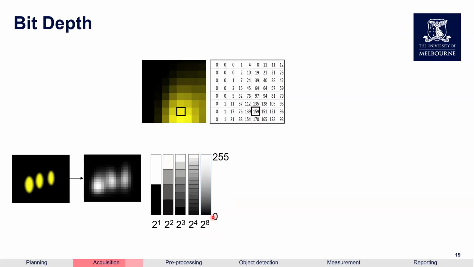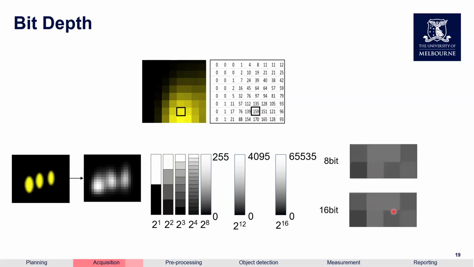And this is good enough if the image is used only for visualization. But for quantification, we are much better off using a higher bit depth, such as 12 bits or 16 bits, because it records the intensity with over 4,000 and 65,000 gray levels. So if you look at this example, that image was taken in 8-bit and 16-bit.